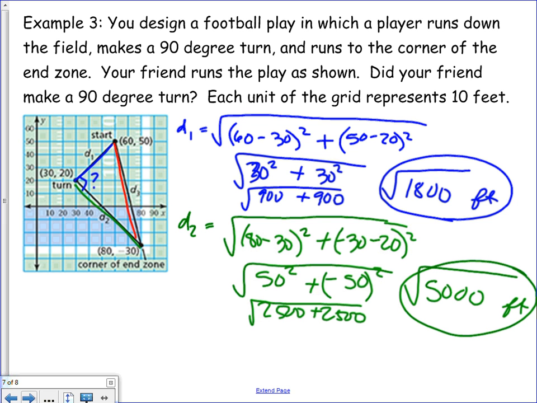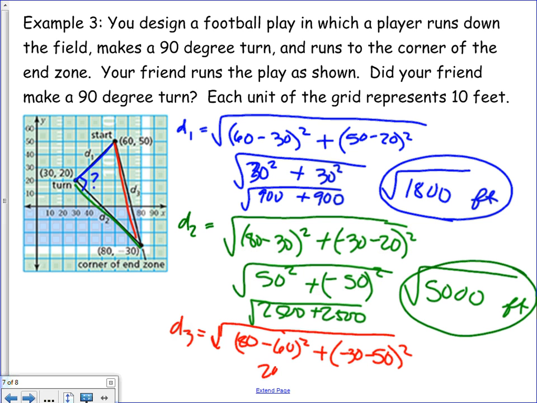And finally, distance 3 is the square root of 60 minus 80, or we can do 80 minus 60 actually, because we don't want to be dealing with negatives that way. So 80 minus 60 squared plus negative 30 minus 50 squared.